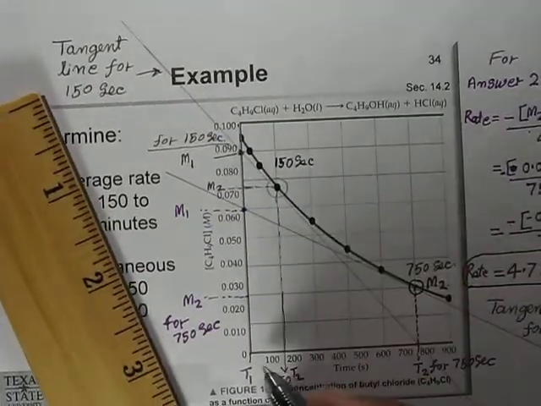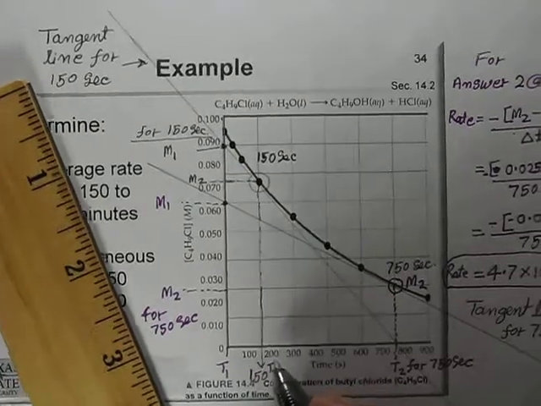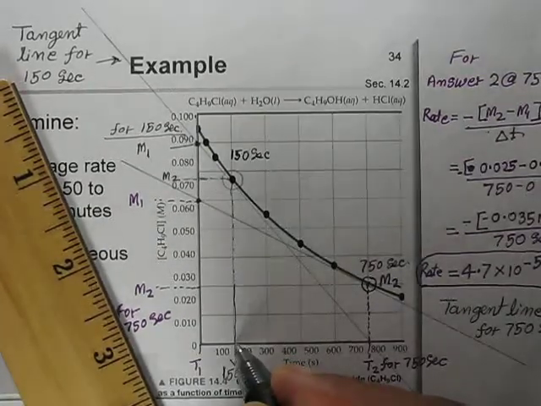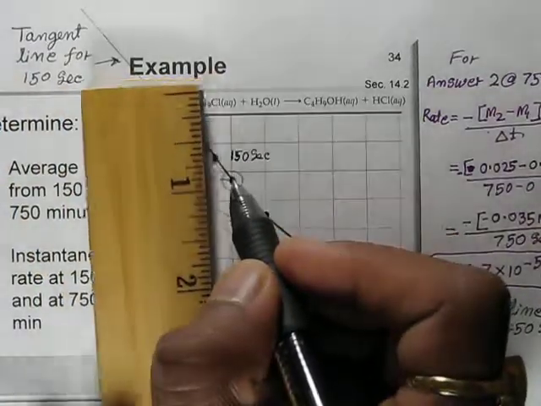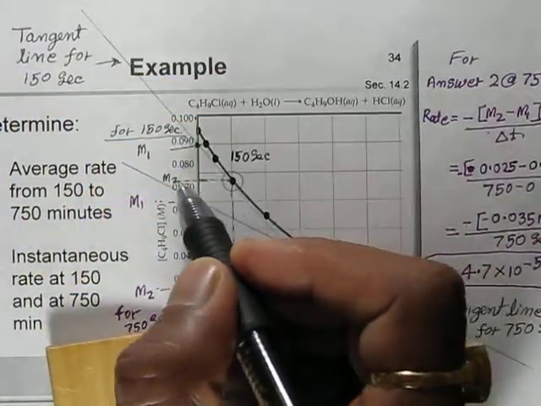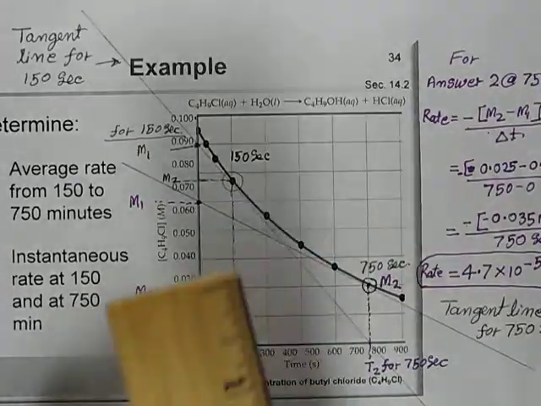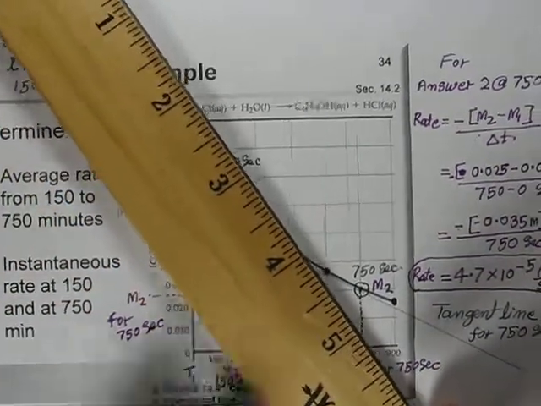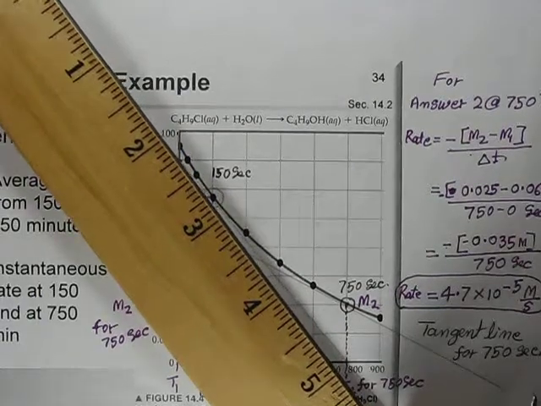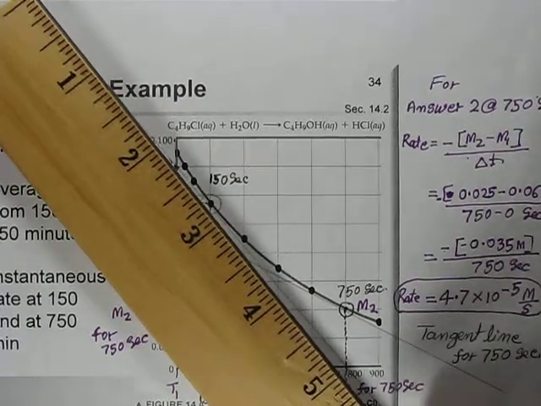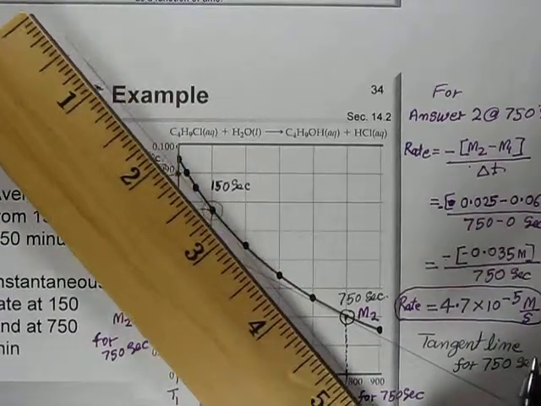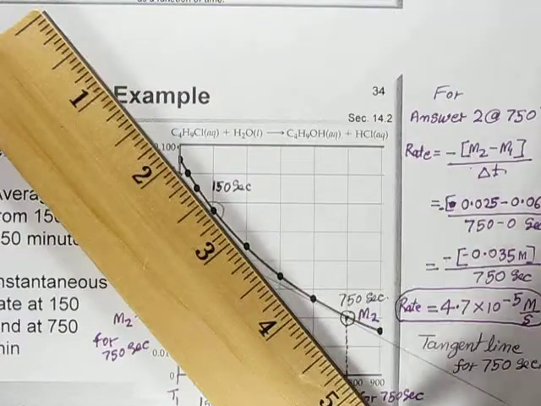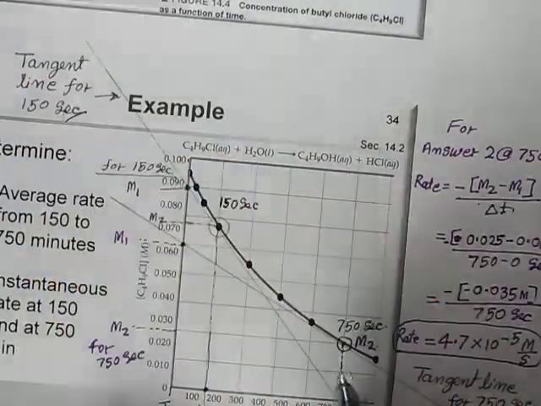You have to find out where 150 seconds is on the time x-axis, which is this one here. Draw a straight line to find out where 150 seconds crosses the curve. Then draw a tangent line which is just touching the curve at 150 seconds. This will be the tangent line for 150 seconds.